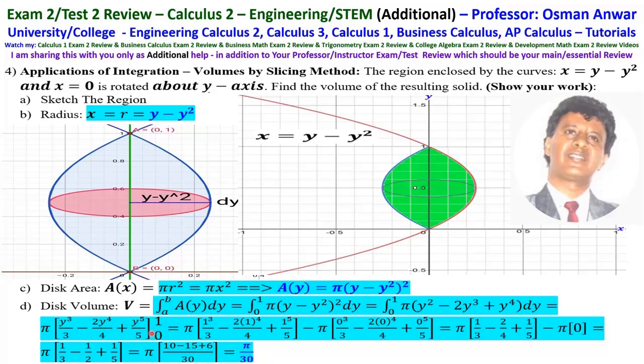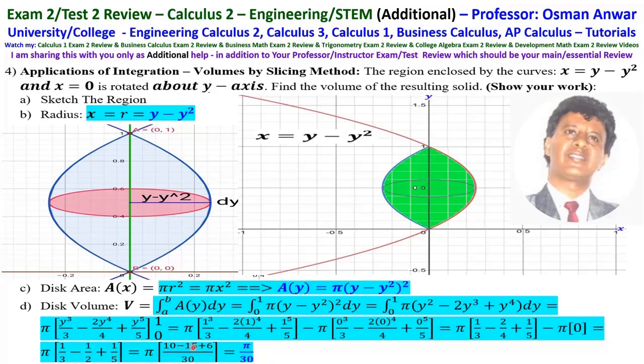Then this is pi times 1 to the 3rd over 3 minus 2 times 1 to the 4th over 4 plus 1 to the 5th over 5, minus pi times 0 to the 3rd over 3 minus 2 times 0 to the 4 over 4 plus 0 to the 5 over 5, which is pi times 1/3 minus 2/4 plus 1 over 5, minus pi times 0, which is pi times 1/3 minus 1 over 2 plus 1 over 5.